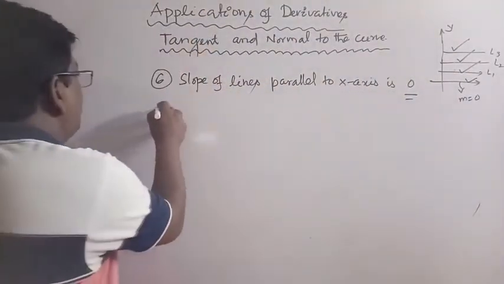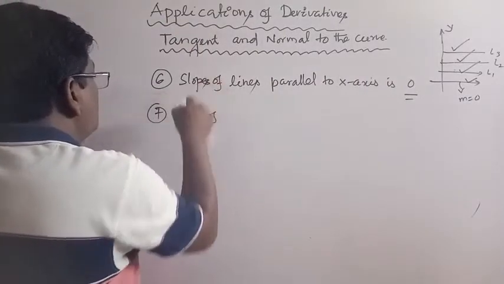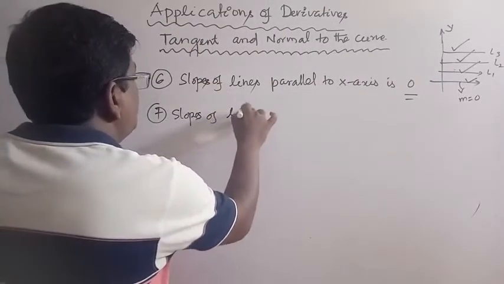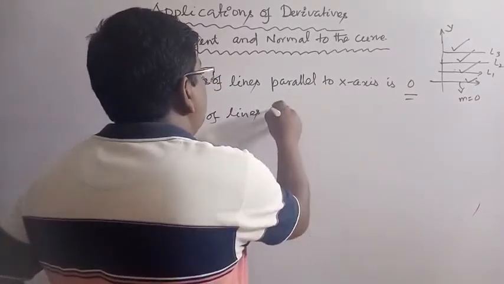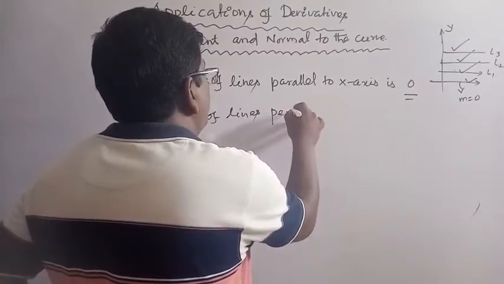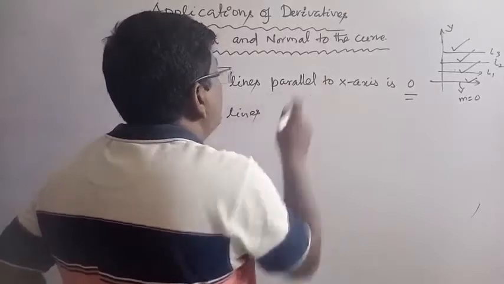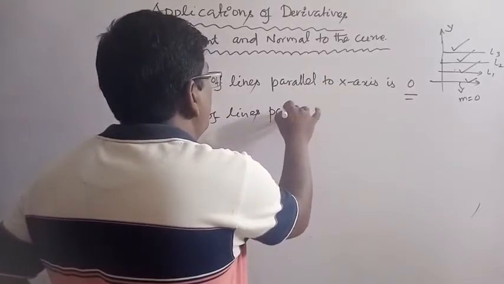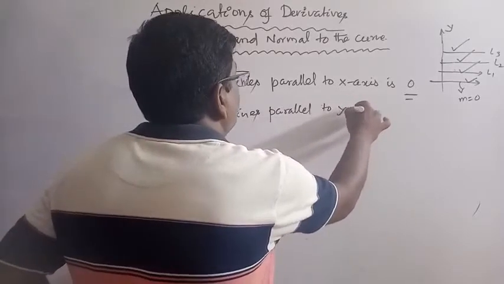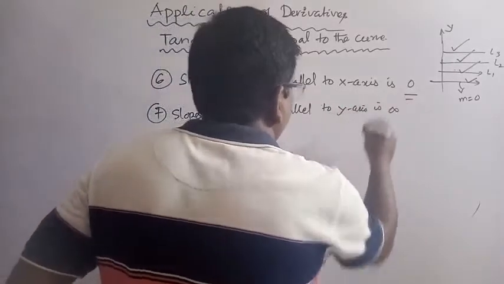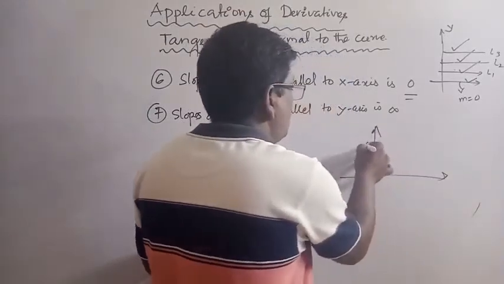Then number 7, the slope of lines parallel to the y-axis is infinity, because this is the y-axis, its slope is what?